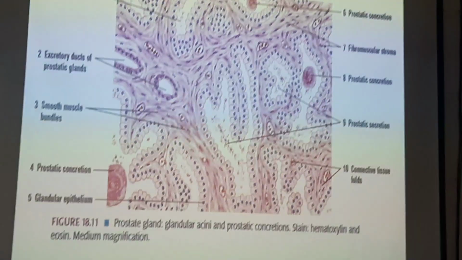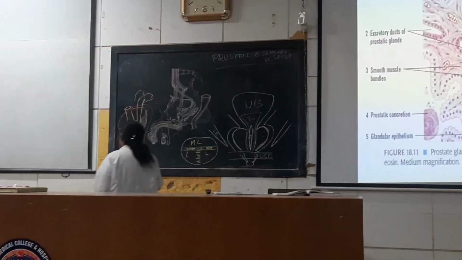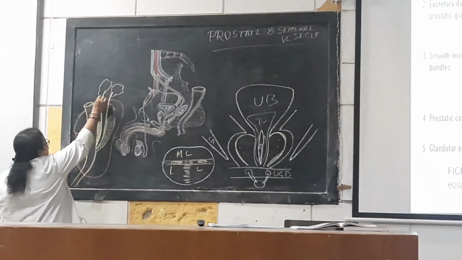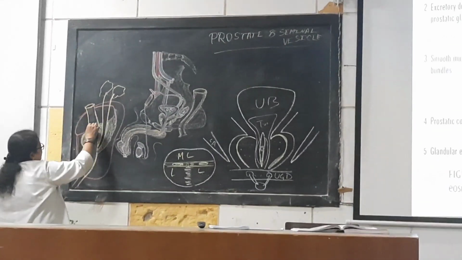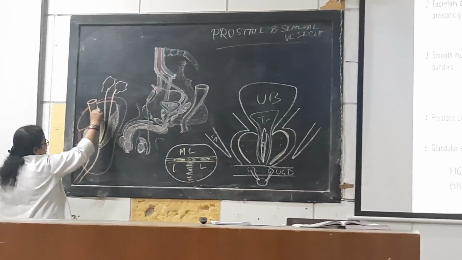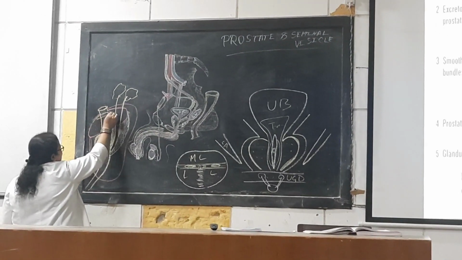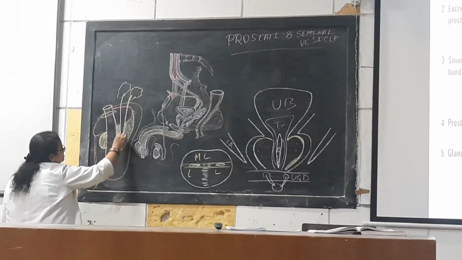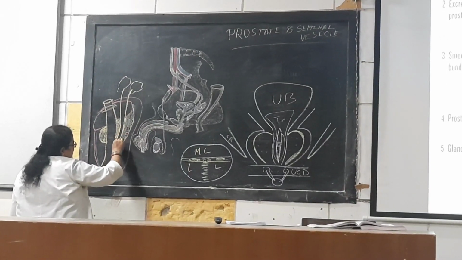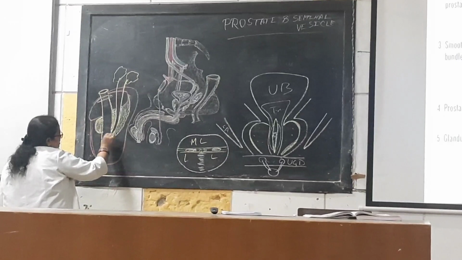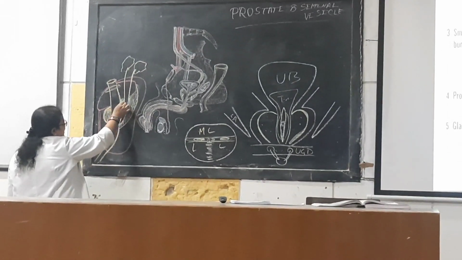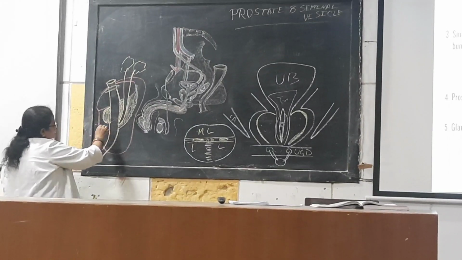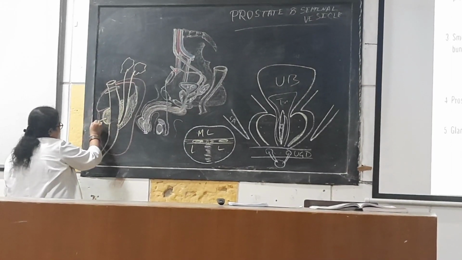Coming to the zonal anatomy of the prostate, in this section these two are the ejaculatory ducts, this is the vas, and this is the preprostatic sphincter. The ducts of the seminal vesicles open into the ejaculatory duct. The area surrounding the prostatic part, the yellowish area, is called the transitional zone.